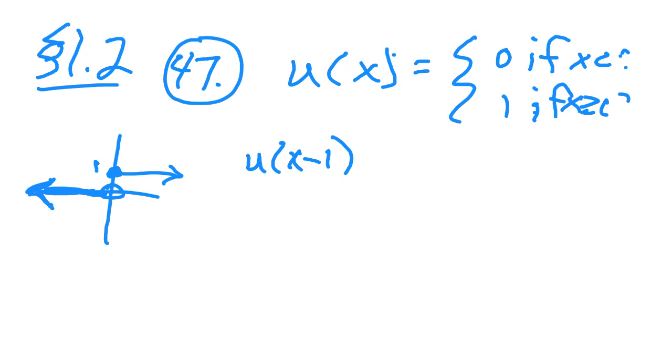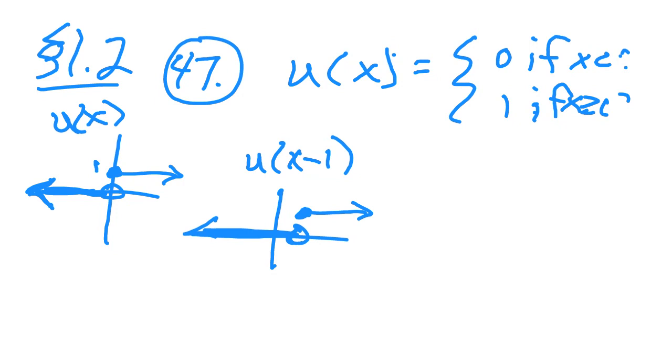So this is actually a left shift. So it looks like this, excuse me, a right shift. If you plug in 1, we get 0. Sorry. So that pivot point starts out here. So this is a right shift, and then going left there, and then this is u of x.